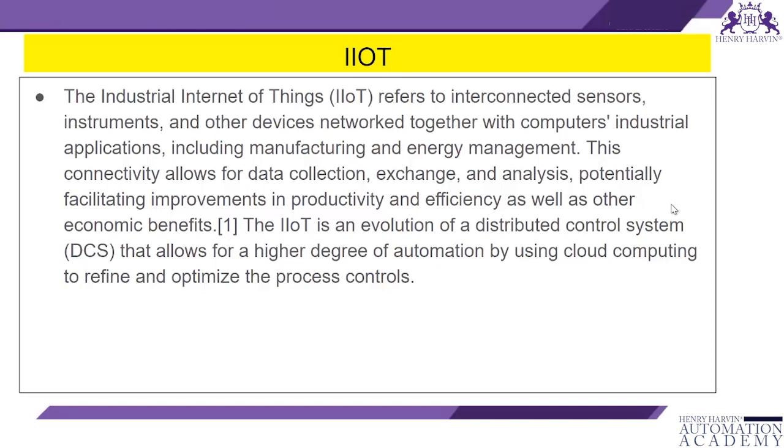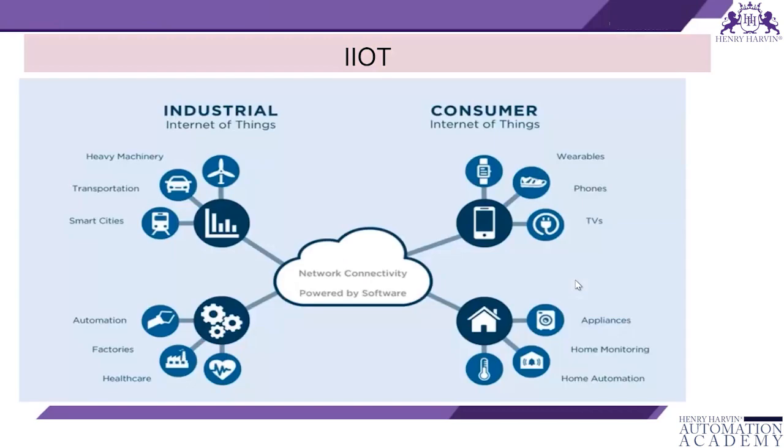The IIoT is an evolution of the distributed control system that allows for a higher degree of automation by using cloud computing to refine and optimize process control. So primarily IIoT has been used in industry. They communicate with cloud computing systems. They are one of the important pillars of the Industry 4.0 revolution, which we are seeing through.